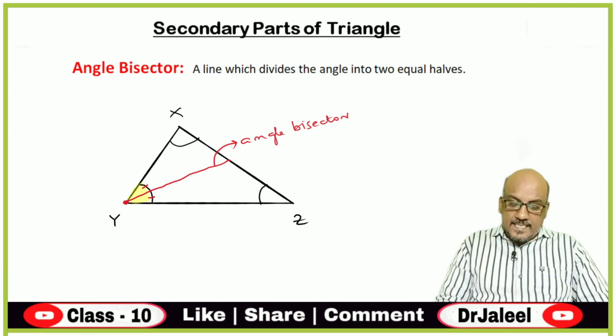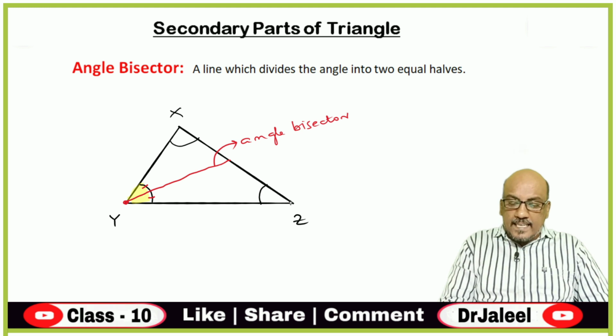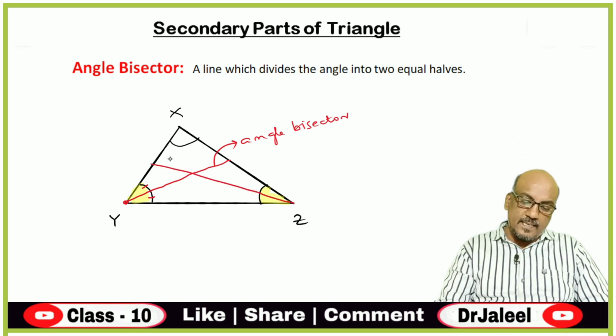So children, same way, when I draw the angle bisector of this Z, this is angle bisector. Let me take this is A, this is B, and we can draw one angle bisector of X also.